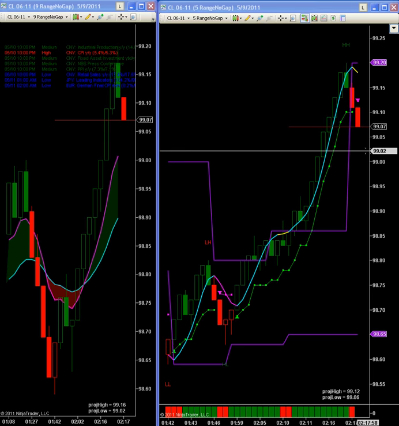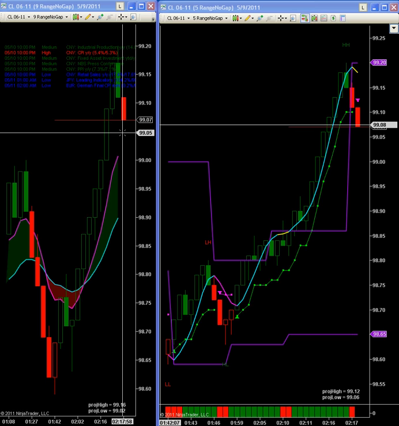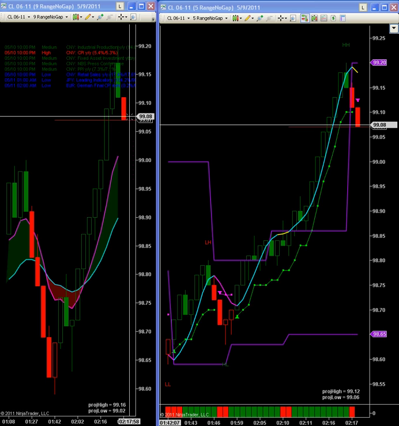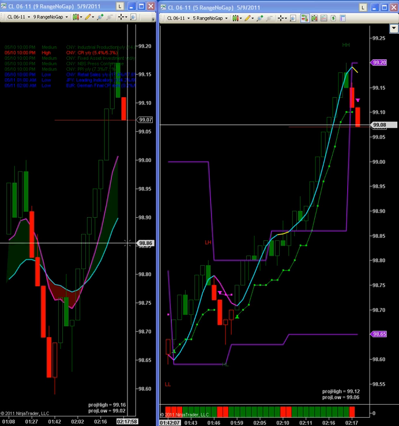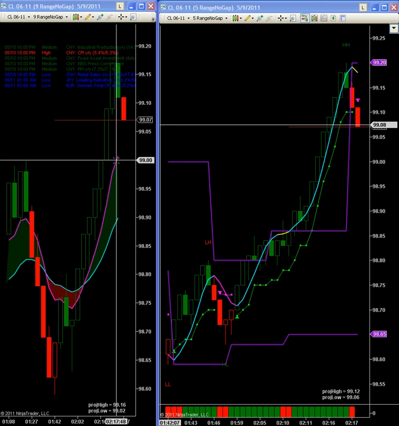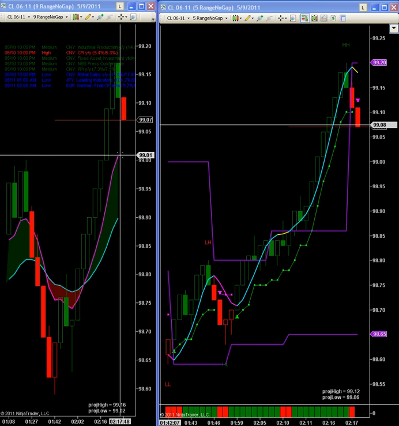Now you notice we start seeing red, but remember we have to first start with the 9-range. We may have a red candle, but it's too far away for the fast moving average to cross below, or at least hooking down. Right now you still notice it's hooking up.